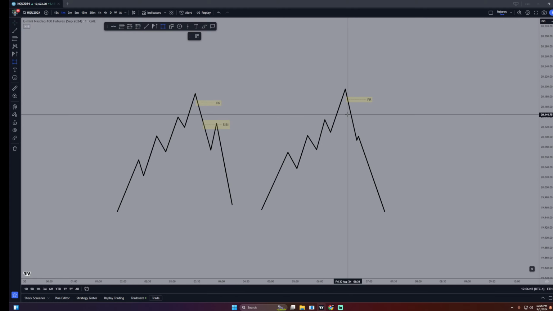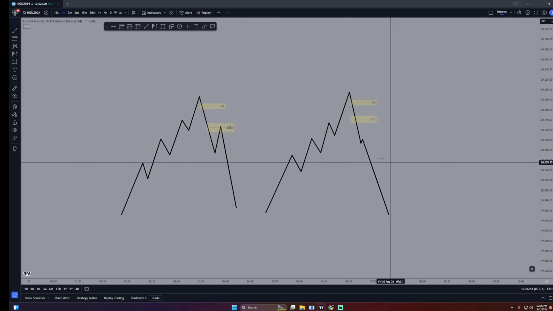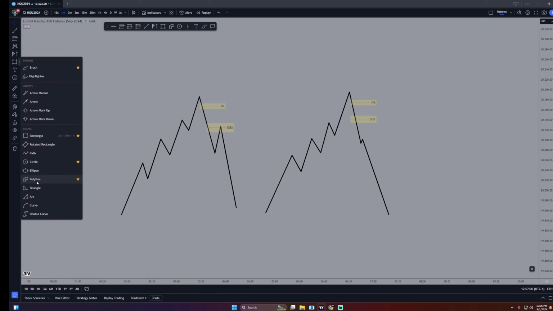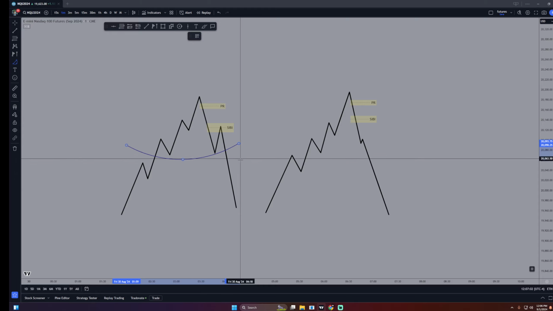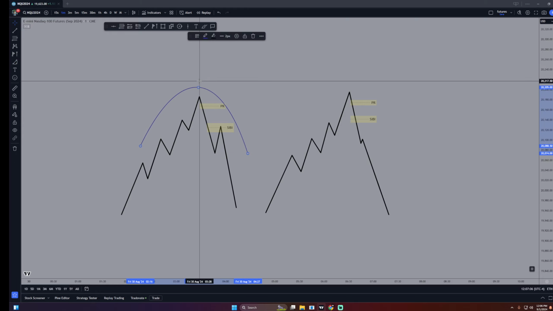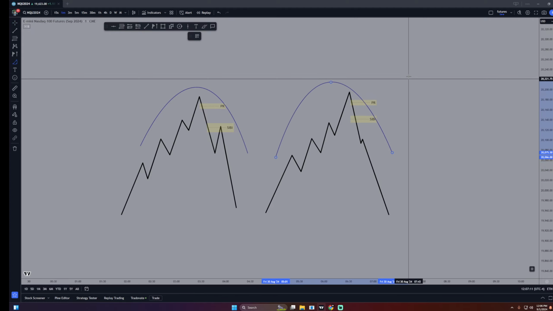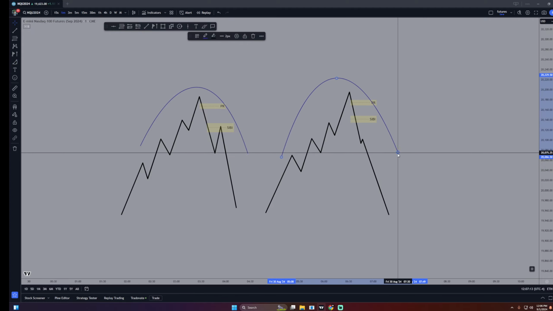The second option is displacement that doesn't get retraced into. Where's my polyline or my arc? This right here and then this right here represent completely different things that price will do.